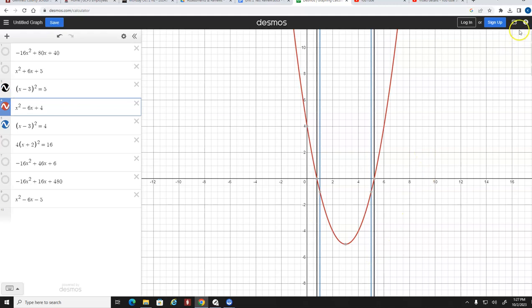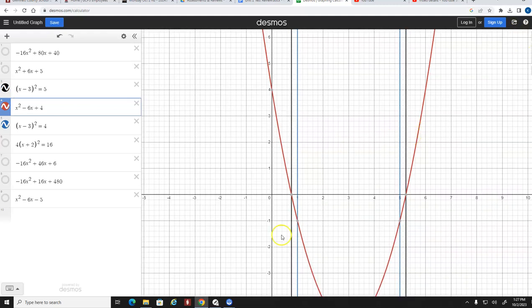When you're looking, you can zoom in and see which equation matches the same points as the red one. This equation right here is in red. These 2 points match with the black one. The black one is the one that matches. It's asking you which equation has the same solution.